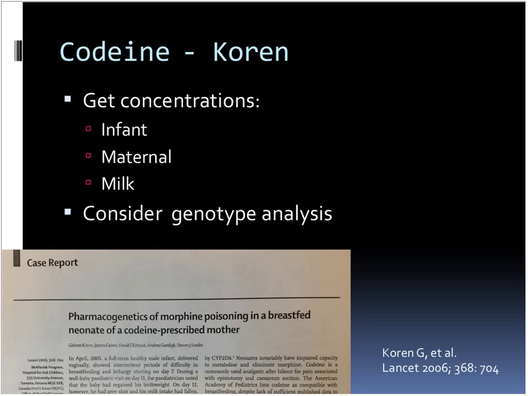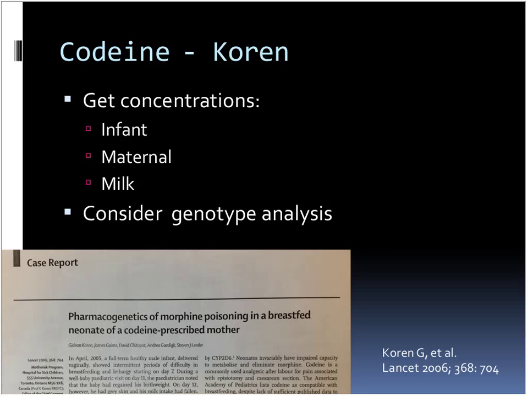I've personally been involved in a few similar cases, where we are usually on a hunt for the truth. We're concerned that the child may have gotten into an opioid, or may have been given an opioid as an oral ingestion, or been exposed through breast milk. The best thing to do in this type of situation is to get concentrations from the infant, the mother, and the milk.